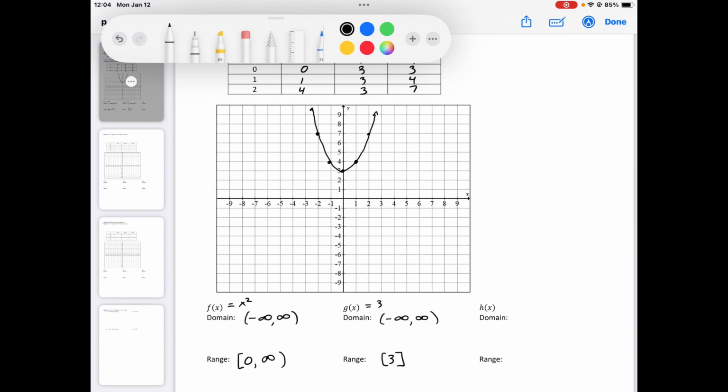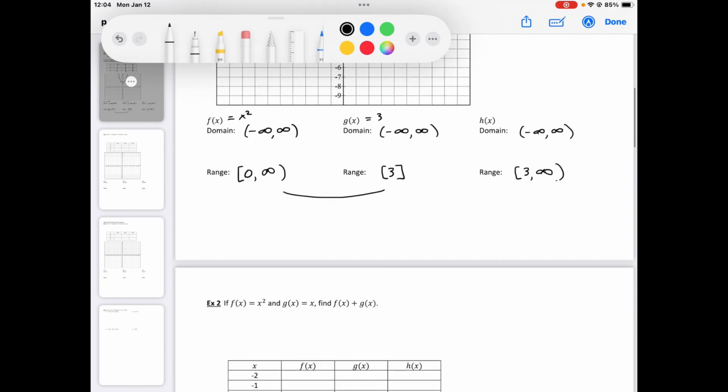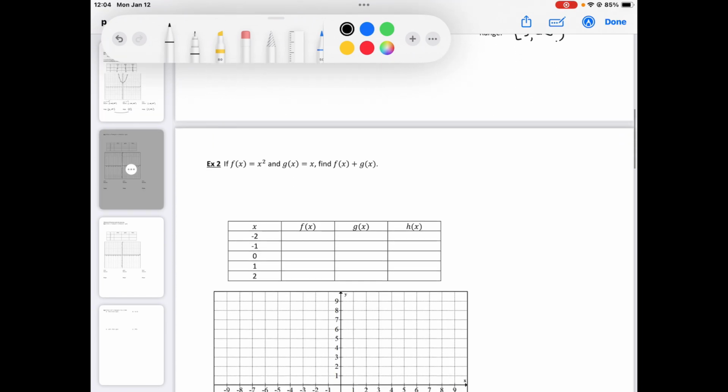And our domain here, we can see from this parabola, is that it's still all the real numbers, so minus infinity to infinity, but our range is only from 3 to infinity, which is kind of the combination of those two ranges.